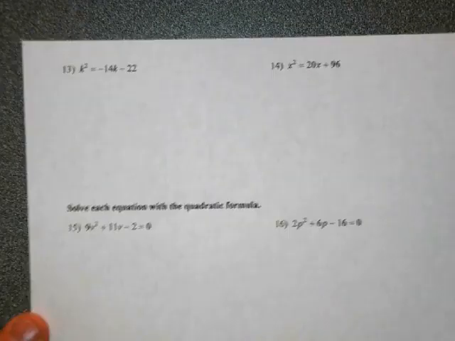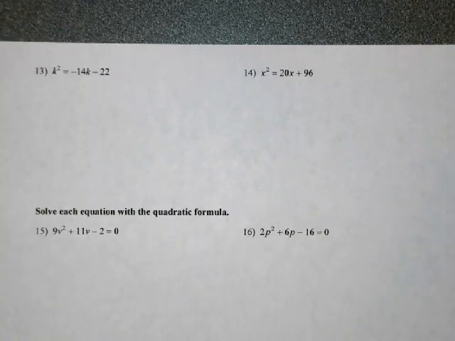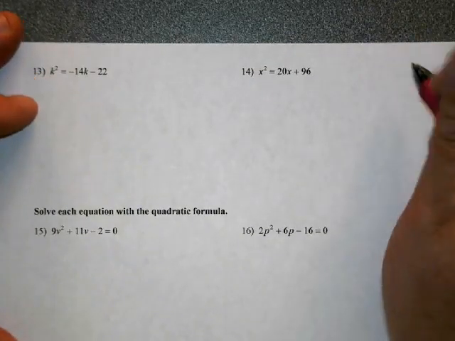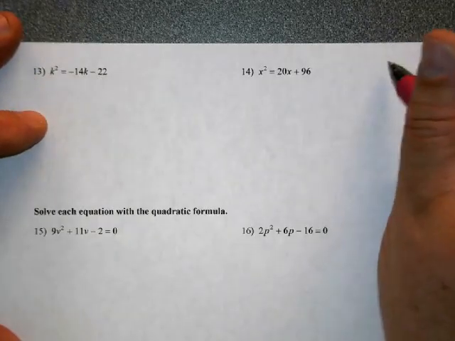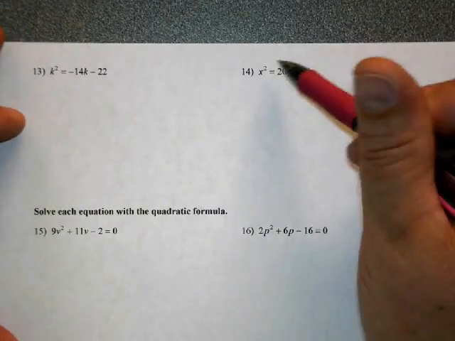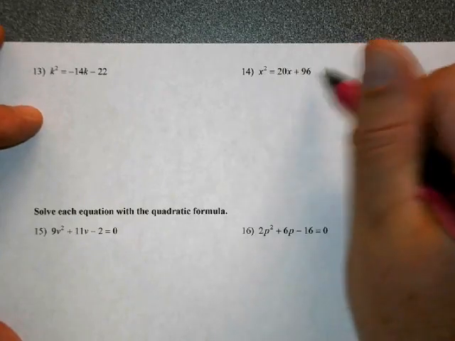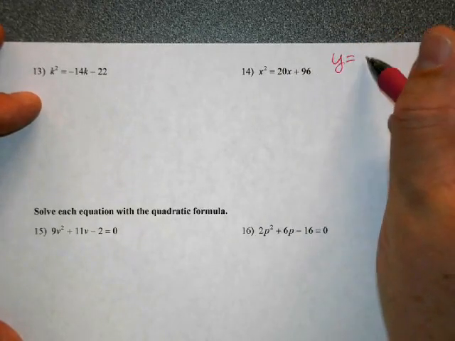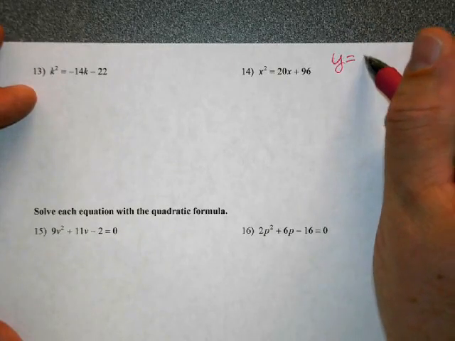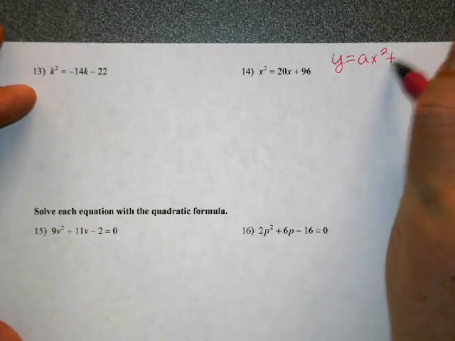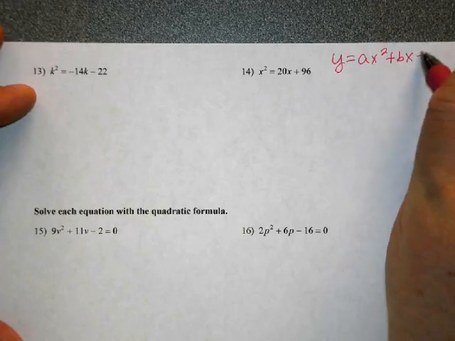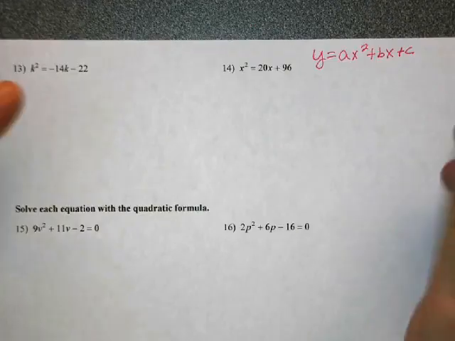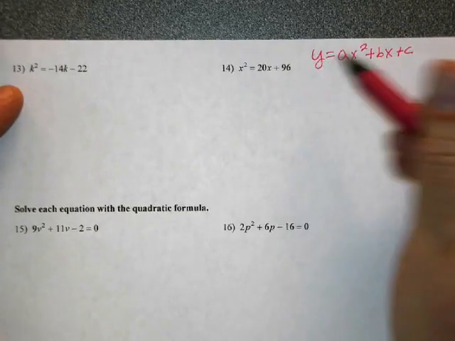Okay, completing the square. If you want the formula for this on the quiz, I'll give it to you too. Remember, we have to put it in the first two terms. If it's in standard form, ax squared plus bx plus c, you don't have to make sure that y equals 0.